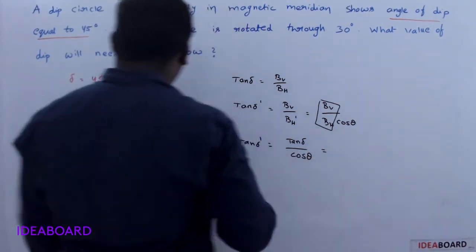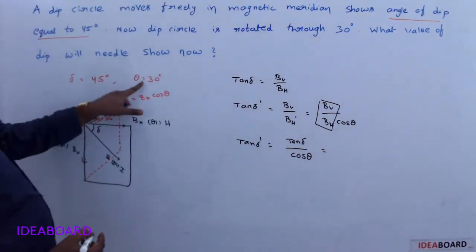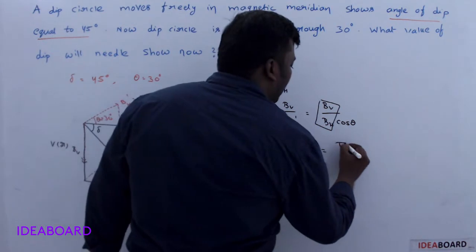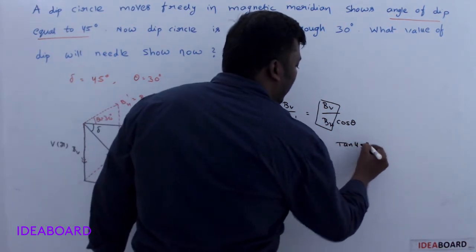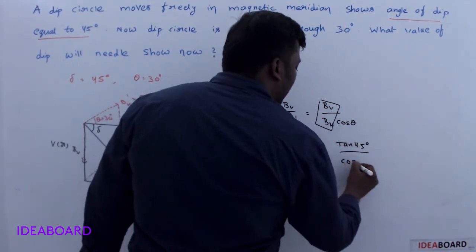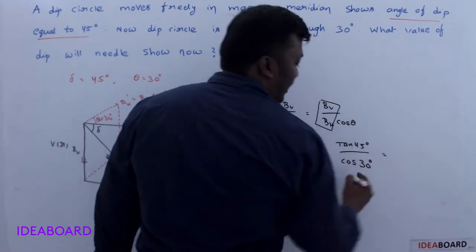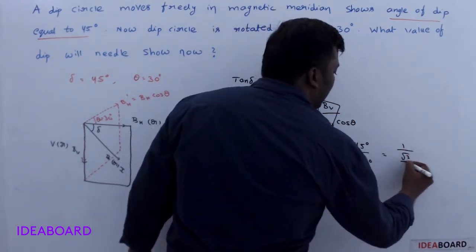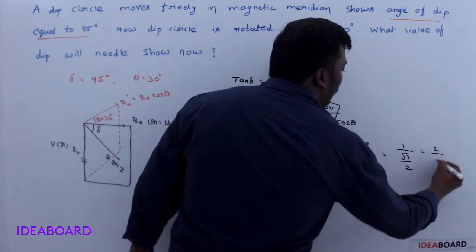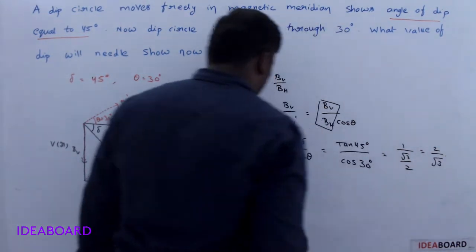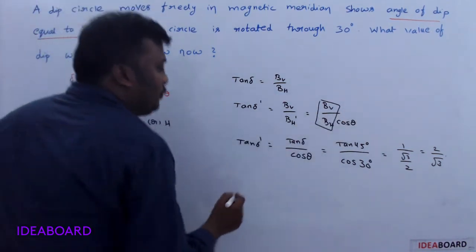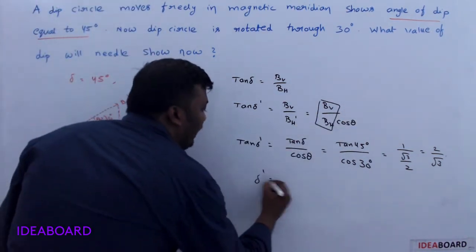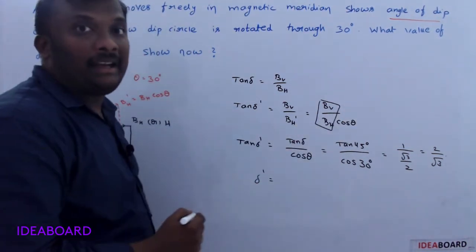Delta is given as 45 degrees, theta is given as 30 degrees. So tan 45 by cos 30. Tan 45 is 1, cos 30 is root 3 by 2, so that is 2 by root 3. So tan delta dash is 2 by root 3. Now the new angle of dip is called the apparent dip.